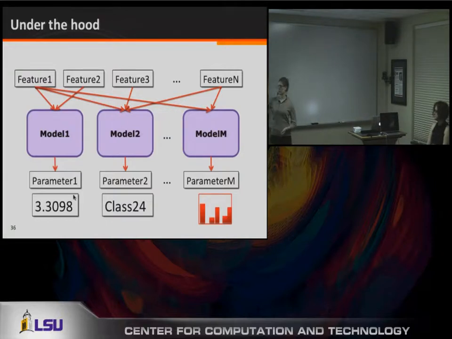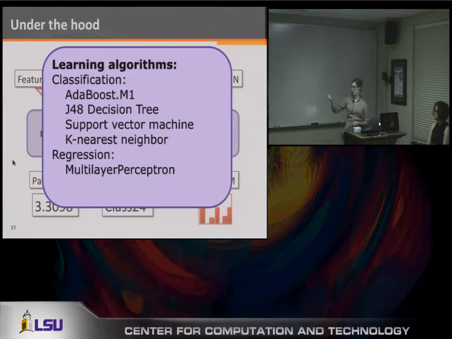So instead of just saying class 24 is the best label, I'll get some sort of notion of how sure it was that it was class 24, and how sure it was that maybe it might have been class 21 instead. And the learning algorithms that are implemented in the Wekinator are very standard machine learning algorithms.